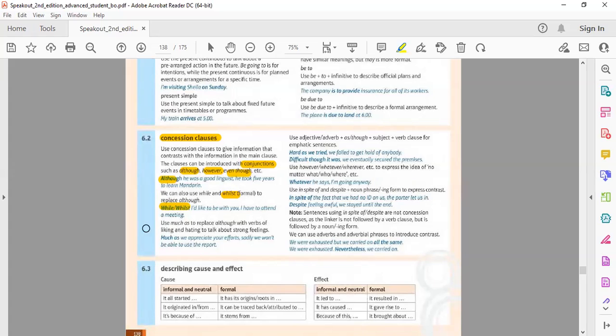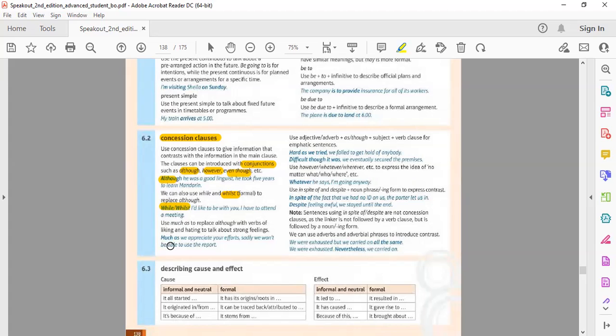All right, you're welcome. So here we use "much as" to replace although with verbs of liking and hating to talk about strong feelings. See an example here. This is a rare way, not rare, but they don't use it that much, but it's correct as well.